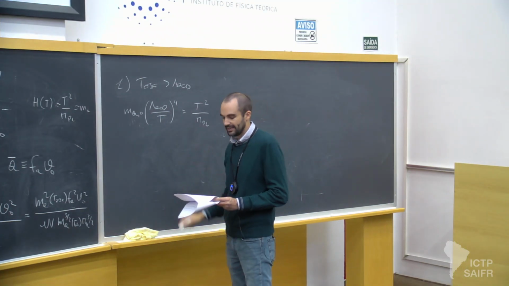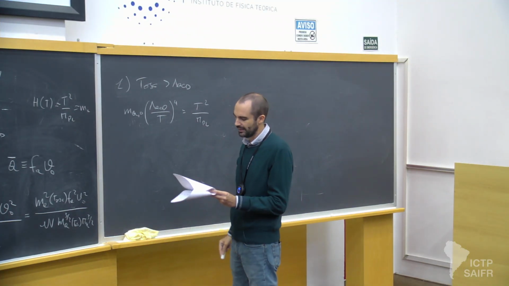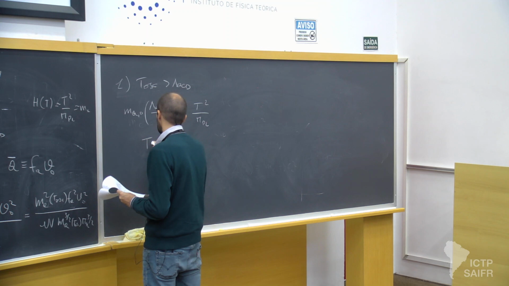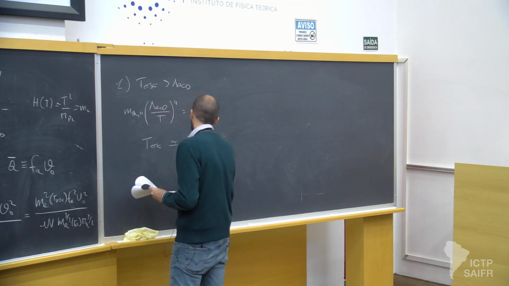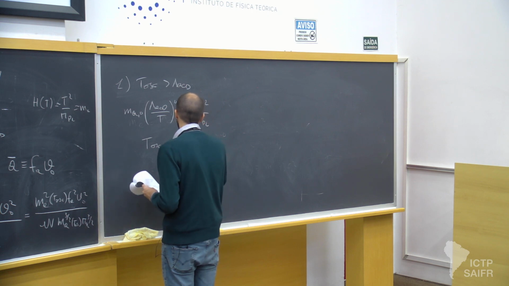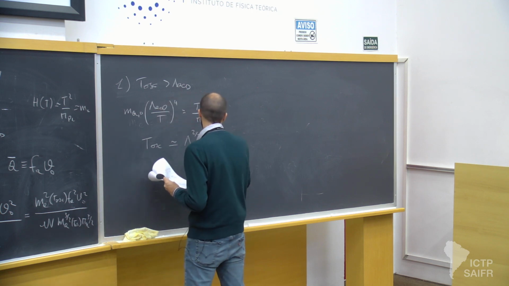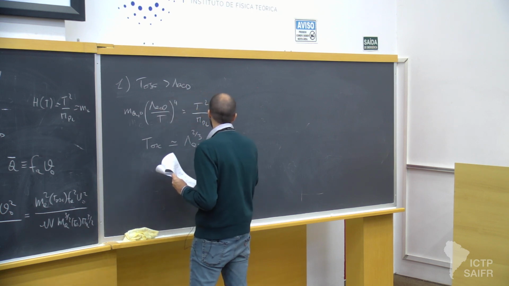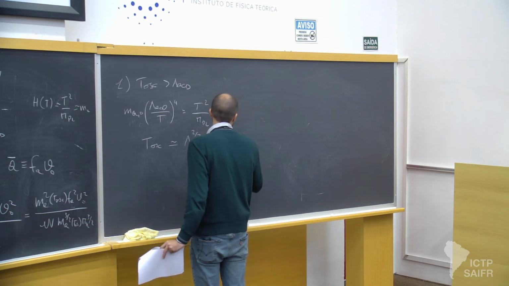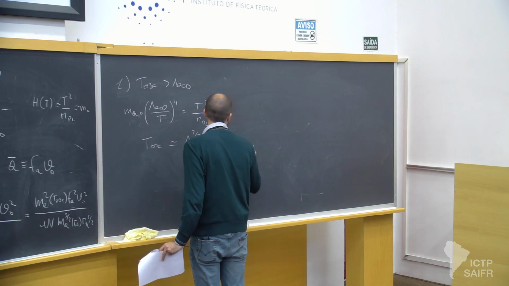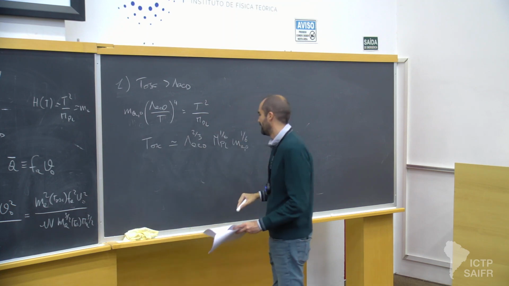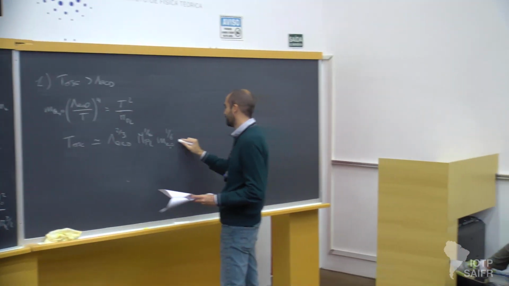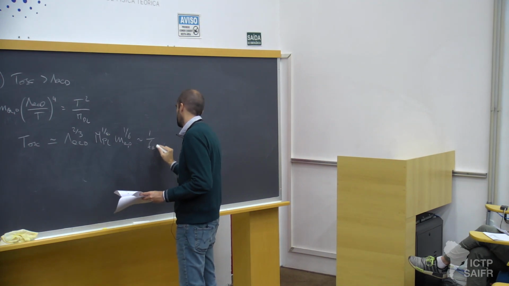Because, well, the mass is still temperature dependent at high temperatures, and if we do that, we're going to get a T oscillation that looks like lambda QCD to the 2/3 times m Planck to the 1/6 times axion mass at 0 temperature to the 1/6. And so this scales roughly like 1 over FA to the 1/6.